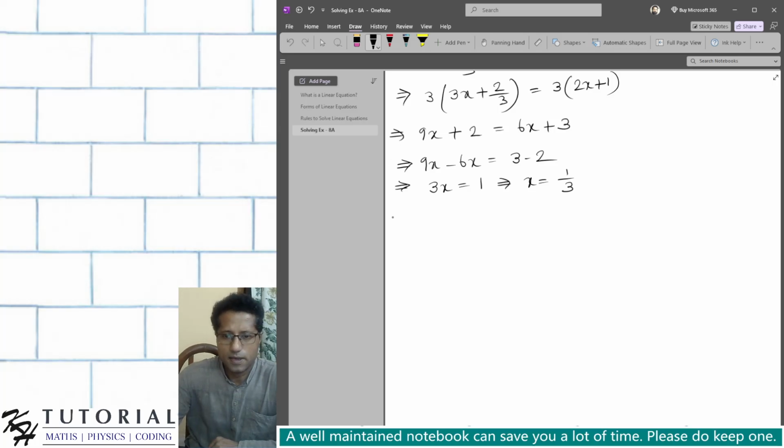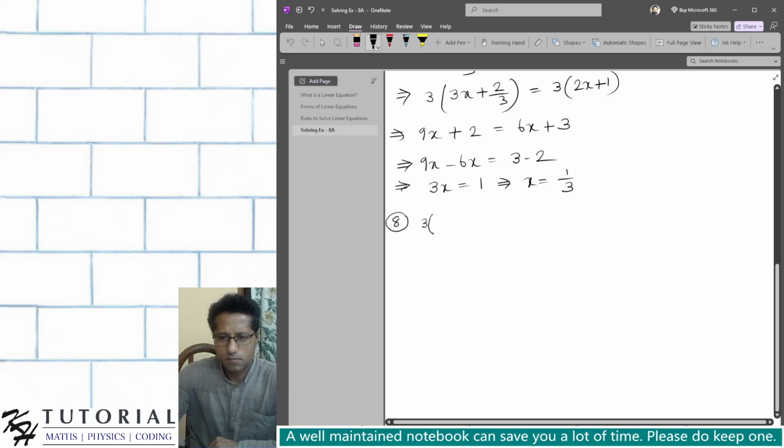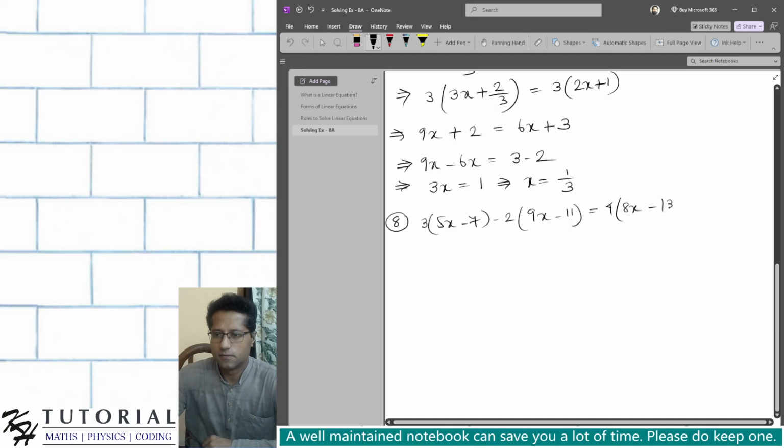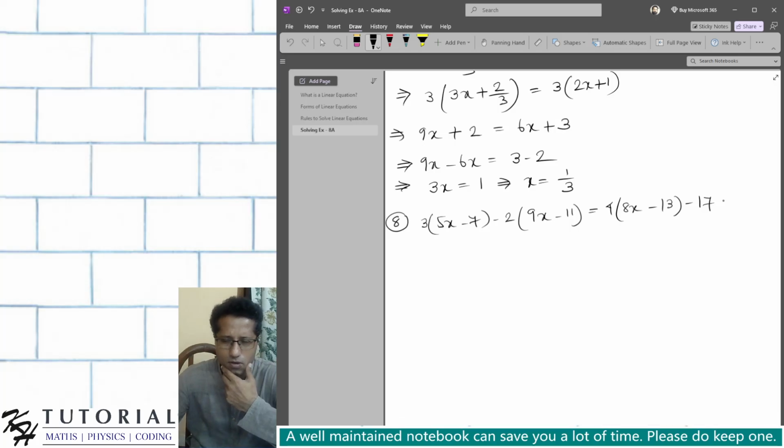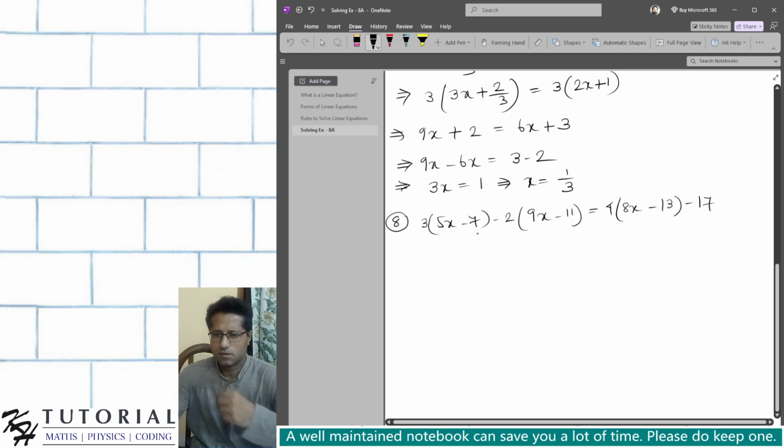Let's do 8. 8 is 3 multiplied by 5x minus 7 minus 2 multiplied by 9x minus 11 equal to 4 into 8x minus 13 minus 17. Now you can consider this linear equation to be not in simple form, because there are some products.